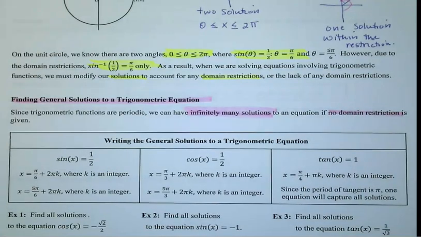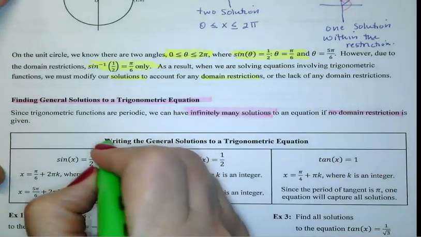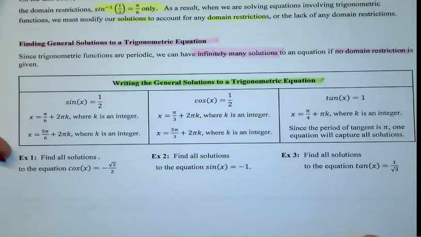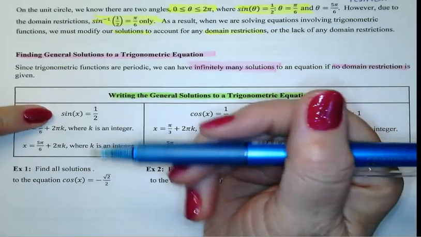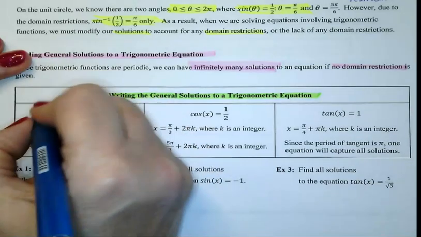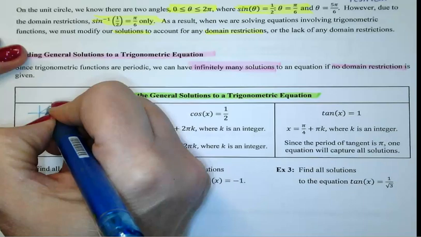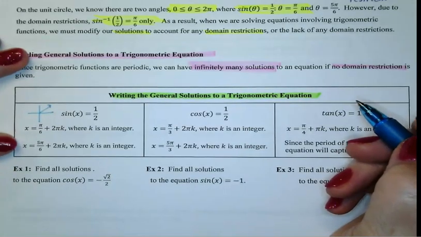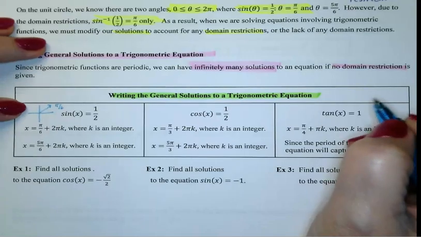So the way we go about that is when we write a general solution, we're going to write an equation that will represent all possibilities. For instance, let's look at the first one here in our box. We have sine of x equals 1/2. We know that we can have an angle that falls in the first quadrant that is going to be equivalent to 1/2, and it's pi over 6.